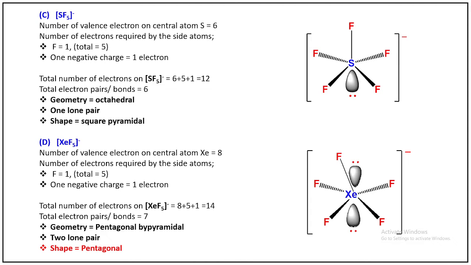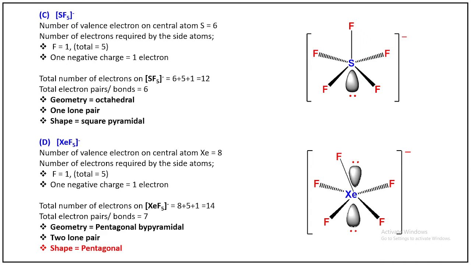Okay. You got that the geometry is pentagonal bipyramidal, no? Yes. The difference between geometry and shape is in the number of lone pairs. If instead of XeF5, one more atom is there, like XeF6, just as an example, then this much is the same: geometry equals pentagonal bipyramidal.